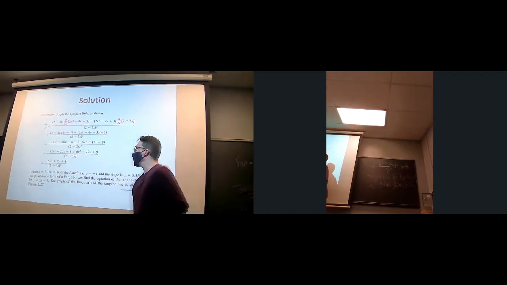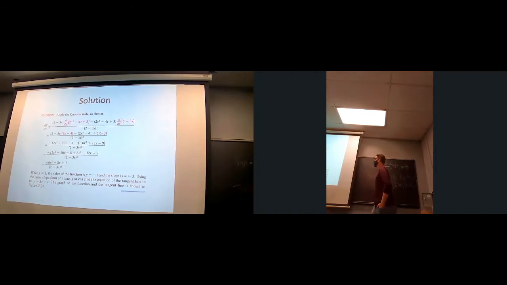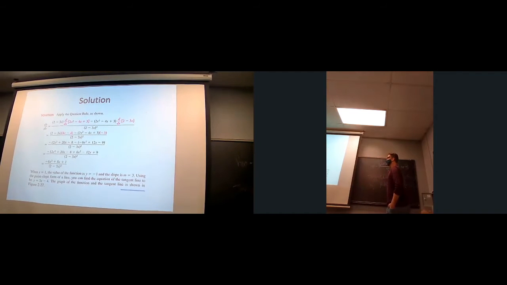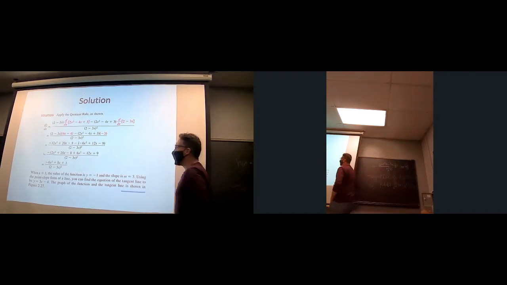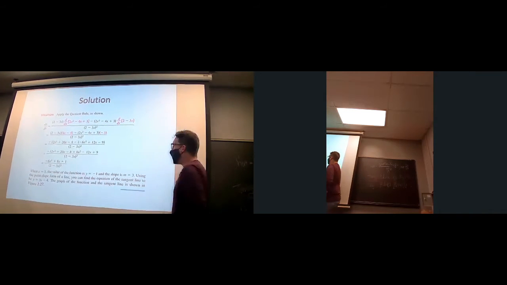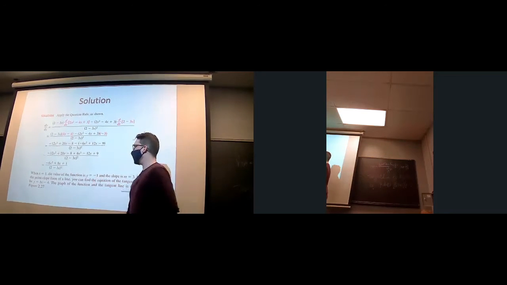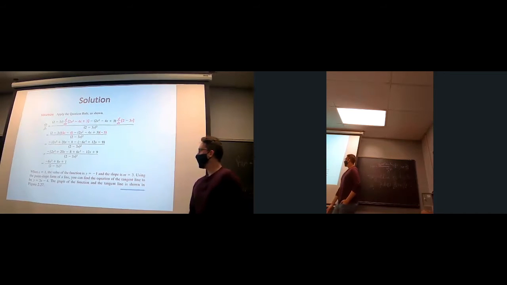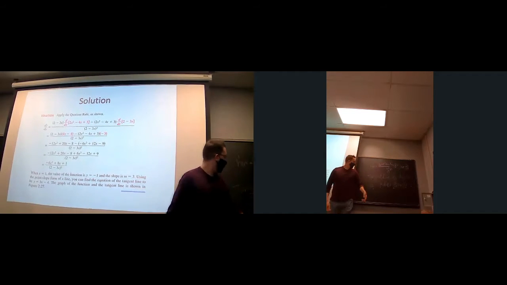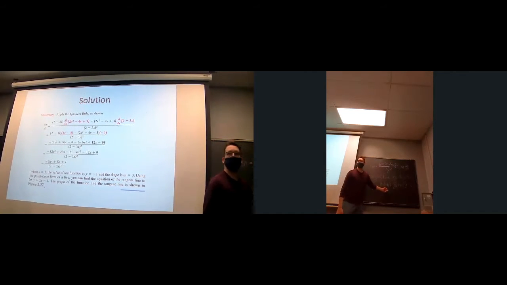So from here, we're just going to plug in 1, because that's going to give us the slope of our tangent line when x is equal to 1, right? From our original equation, we know what our y is. It's -1. So from all of this, we just throw it all together now. We get our answer. Is everybody cool with this?